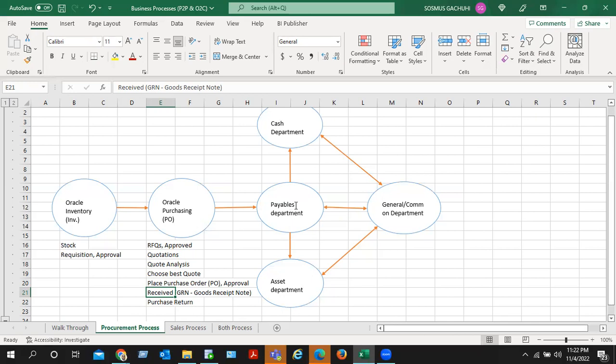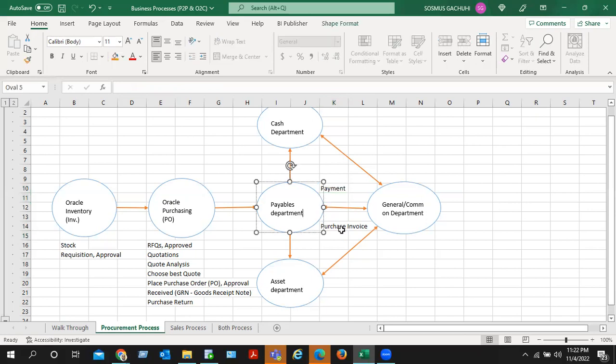What the payables department will do is maintain the purchase invoice. Once they have maintained the purchase invoice, they'll also do the payment. And if there is an asset invoice, they will share that information with the asset department.